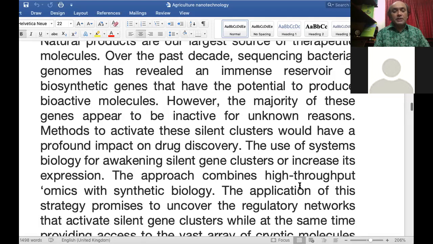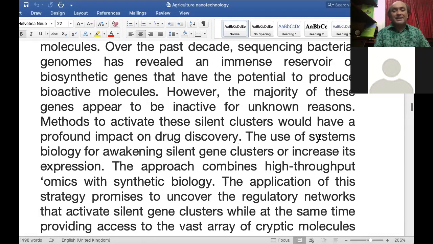The use of system biology means synthetic biology. You can synthesize or design the gene for awakening silent gene clusters, because most of the genes are silent, they are not expressed.